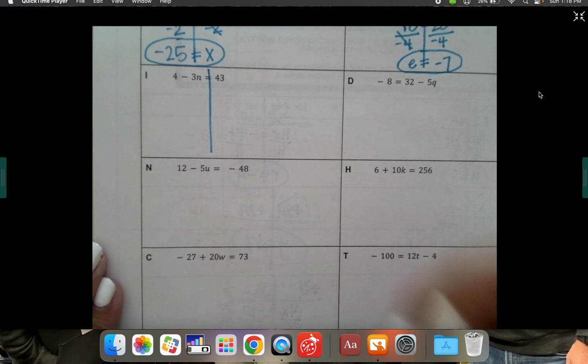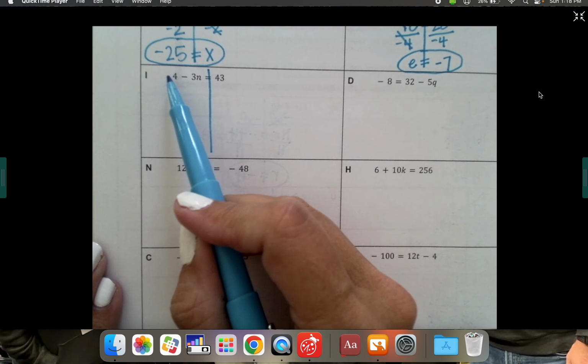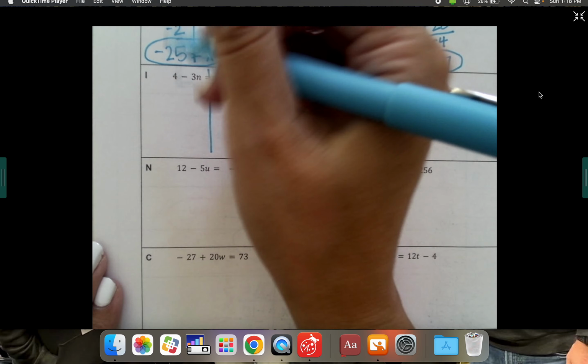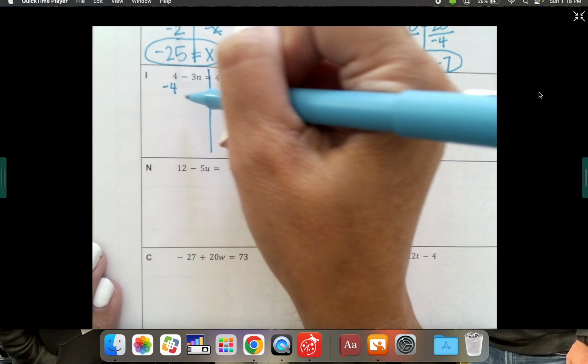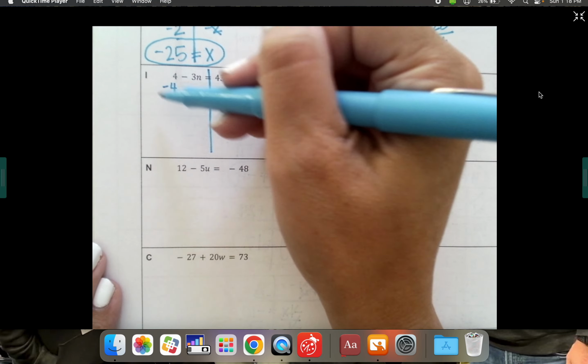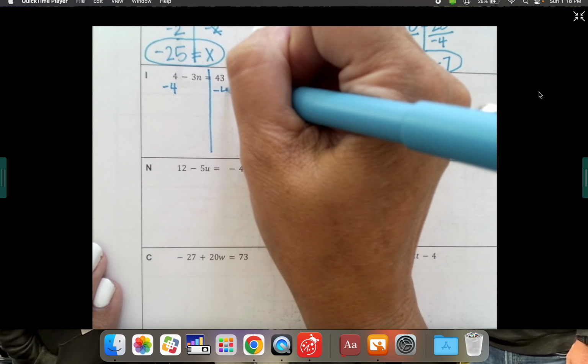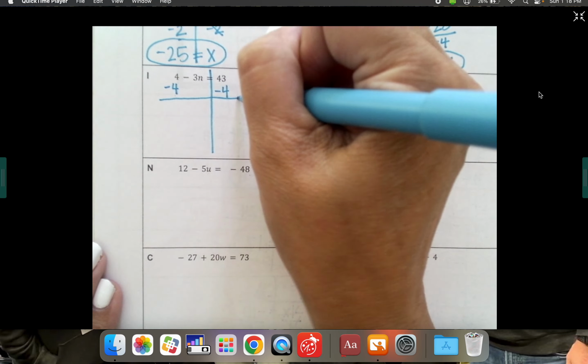So this is another one that if it's a +4 and I want it to be equal to 0, I need to make it -4 or subtract 4. That's the only way that it's going to be 0. So if I subtract 4 on this side, I'm going to subtract 4 on this side also. Now it will cancel out because 4 minus 4 is 0.